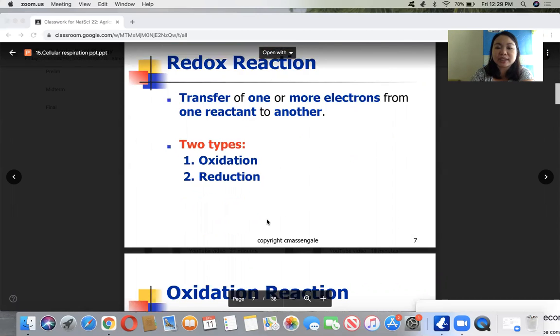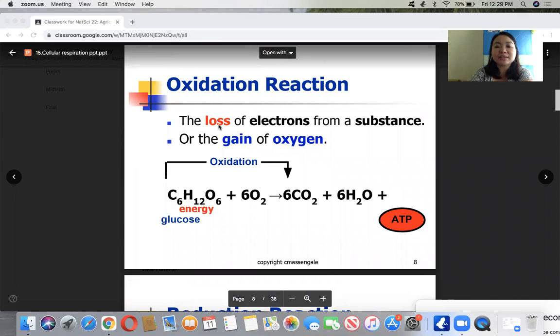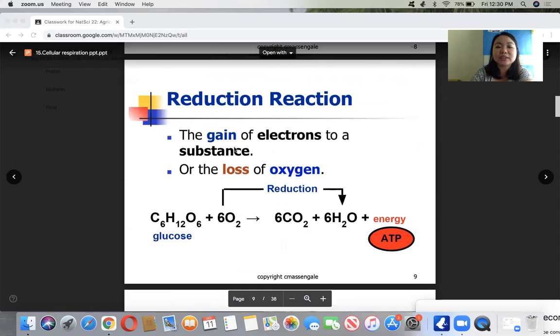So again, the redox reaction is the transfer of one or more electrons from one reactant to another through two types, oxidation and reduction. In the oxidation reaction, there is the loss of electrons from a substance or the gain of oxygen. As you can see here, with the release of ATP, oxidation occurs. While the reduction reaction is the gain of electrons with the loss of oxygen to produce ATP.